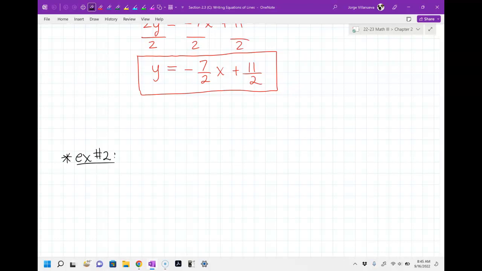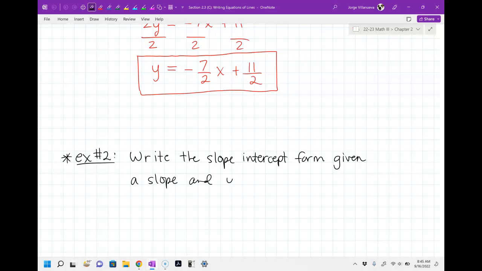It's going to say, write the slope-intercept form given a slope and y-intercept. In other words, if I give you m and I give you b, can you write y equals mx plus b? That's basically what they're saying.